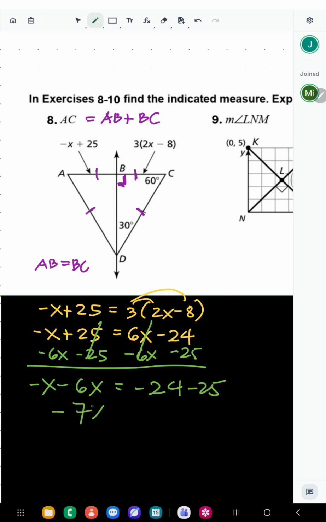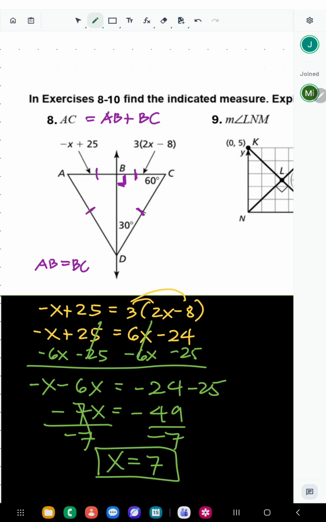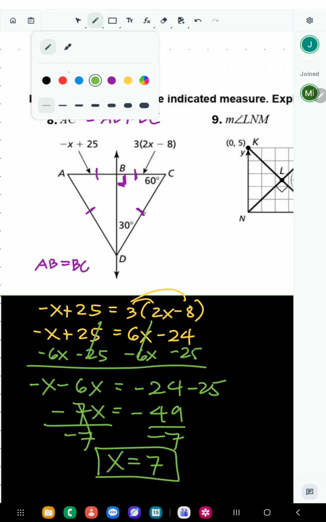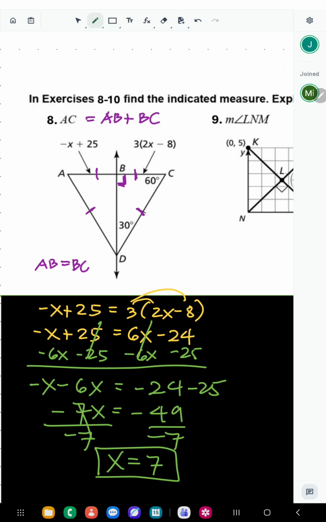So this is negative 7x equals negative 49. Divide by negative 7. So x is equal to 7. And now we can calculate AB. AB is negative 7 plus 25, which is 18. And BC is 3 times (2 times 7 minus 8).